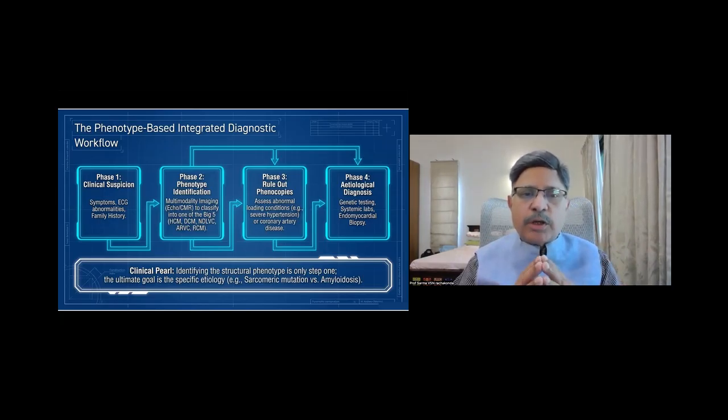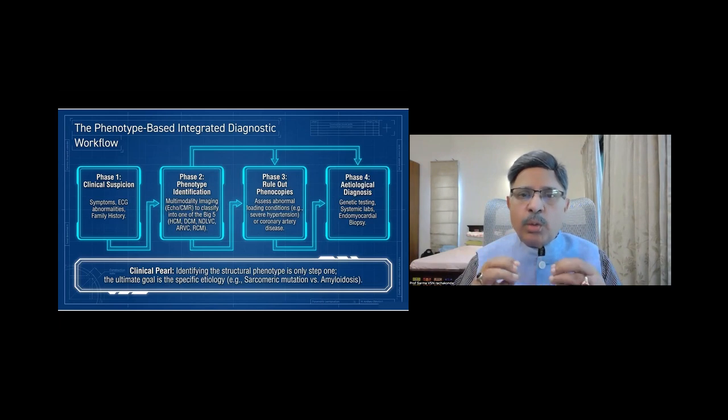Second level is the phenotypic identification. Multimodality imaging, echo, cardiac MRI are used to classify into one of the big 5 classes: hypertrophic cardiomyopathy, dilated cardiomyopathy, non-dilated left ventricular cardiomyopathy, arrhythmogenic ventricular cardiomyopathy, and restrictive cardiomyopathy.